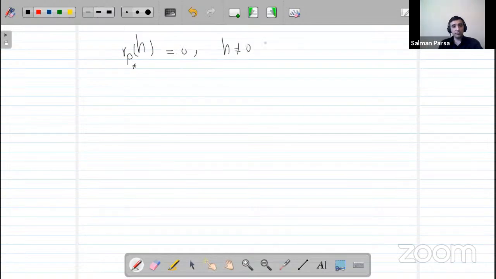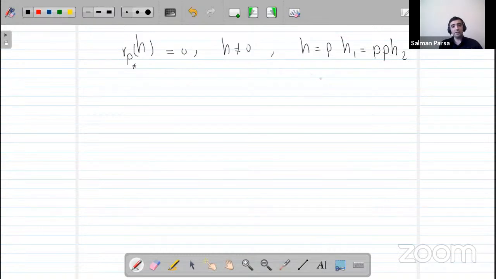but H is not 0, then H is P times some H1, right? And this is true. And you can do the same thing to H1. Now either H1 is 0 modulo P, or H1 will be P times some H2.